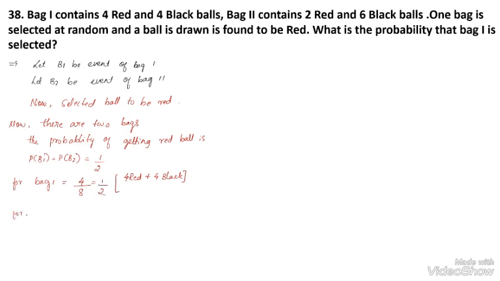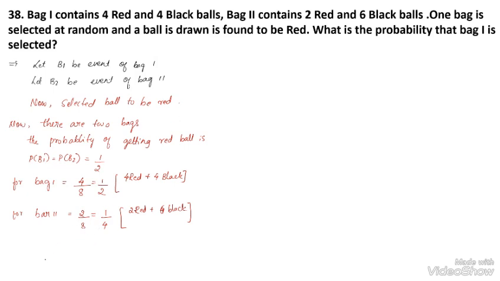Similarly, for bag 2, there are a total of 8 balls. The probability of getting a red ball is 2 by 8, that is 1 by 4, because bag 2 contains 2 red plus 6 black. Okay, this is given.